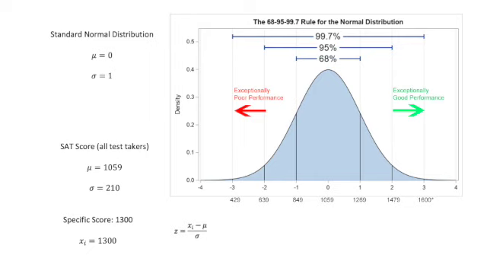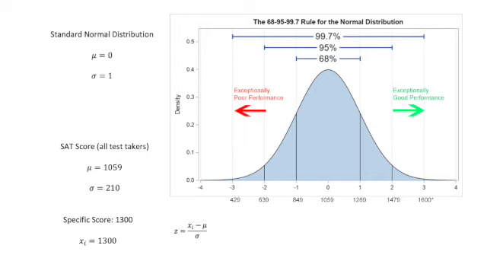We can, of course, do this for our specific values that we've already located. If we have 1269 as a value we want to test, 1269 minus 1059 gives us 210. Divide that by our standard deviation of 210, and we are at positive 1 standard deviation from the mean. So once again, we can plug any specific value we want into this formula along with our mean and standard deviation and locate ourselves on the standard normal distribution.